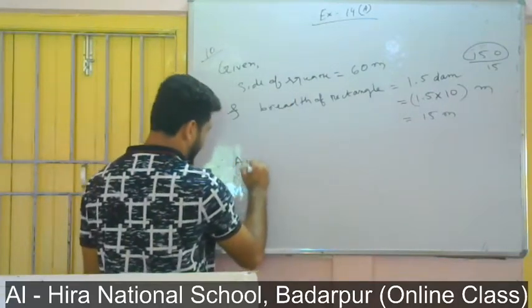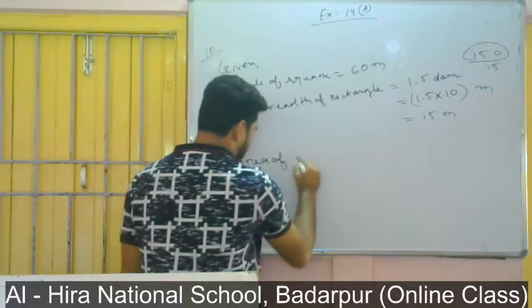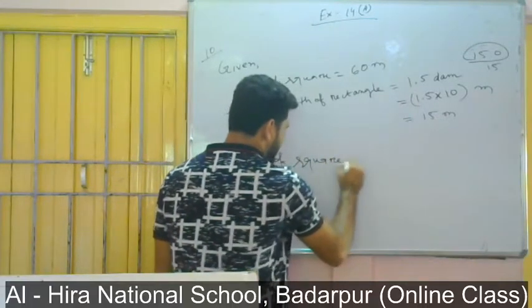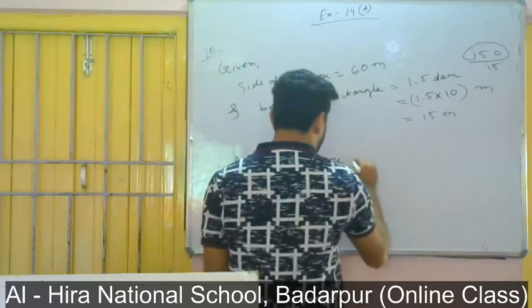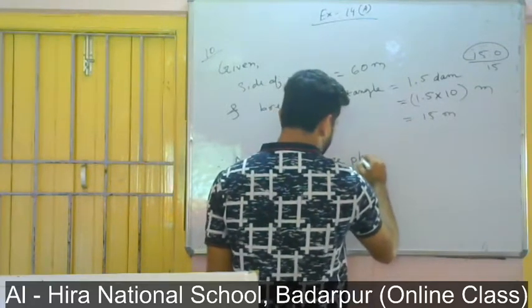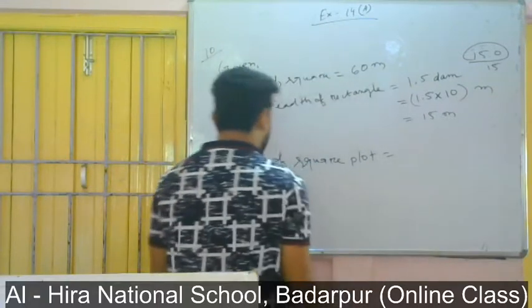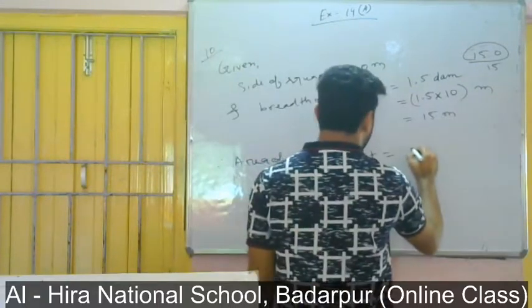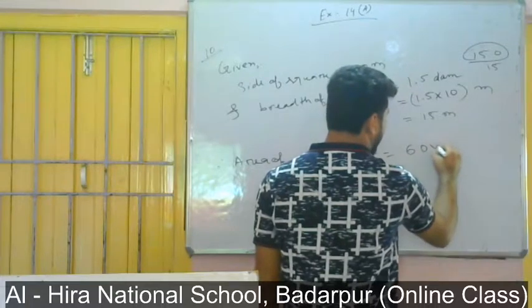Therefore area of square plot of land equals to what? Area means side into side, that means I can write 60 into 60.